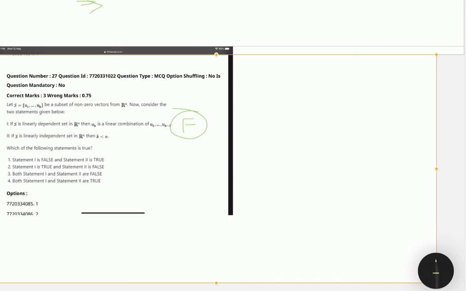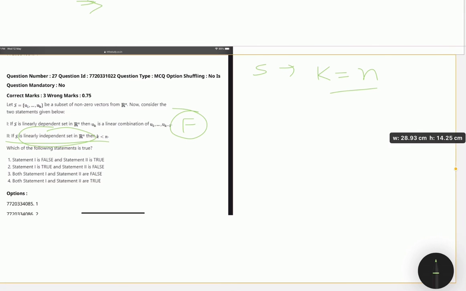Now moving to the second statement: if S is linearly independent, then k is less than n. We have to check. So again we can take some example. Obviously if it is linearly independent, then k can be equal to n also.